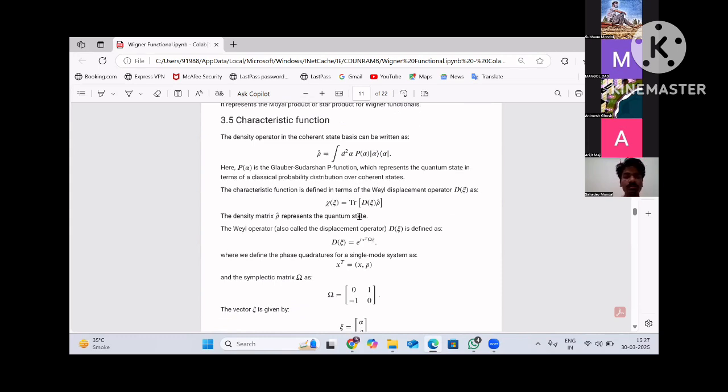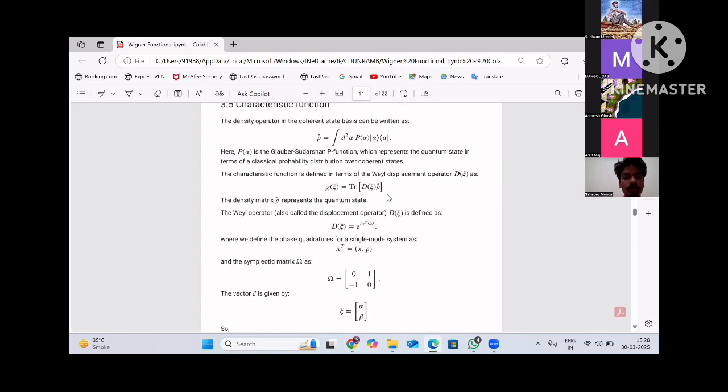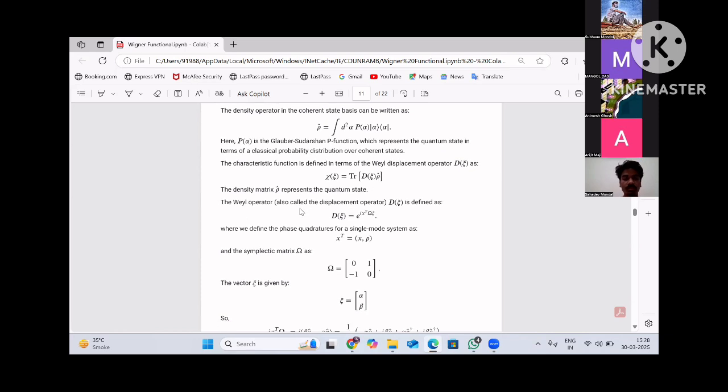This is the characteristic function, which is the Fourier transform of the displacement operator and the Wigner function. The characteristic function chi is written as the trace of D(xi) rho cap, where rho cap is the density matrix operator and D is the displacement operator.